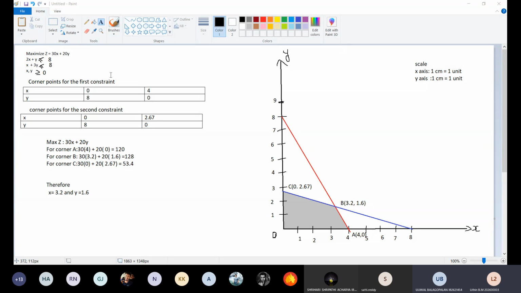We had solved the same problem in the previous class, right? So we take the corner points for the first constraint and the corner points for the second constraint, and plot these corner points on the graph. Then we find the corner values A, B, and C, put the same values into the objective function, and find the optimum value, which would give us the value of x and the value of y.